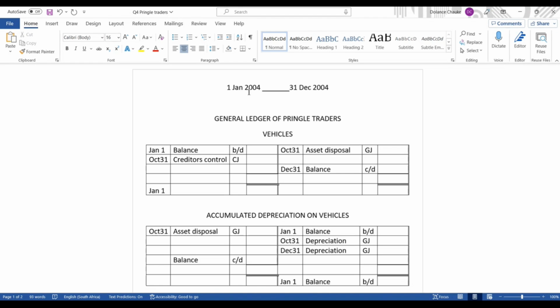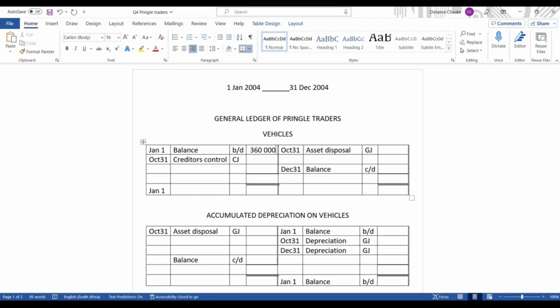The cost price of these vehicles was 360,000 on the 31st of December 2003. When we open the new year on the 1st of January 2004, the 360,000 closing of the previous year is going to be an opening in the current year. That is why 360,000 qualifies to be our opening balance. Are we together? Just to explain so that people can know, we're not just recording.